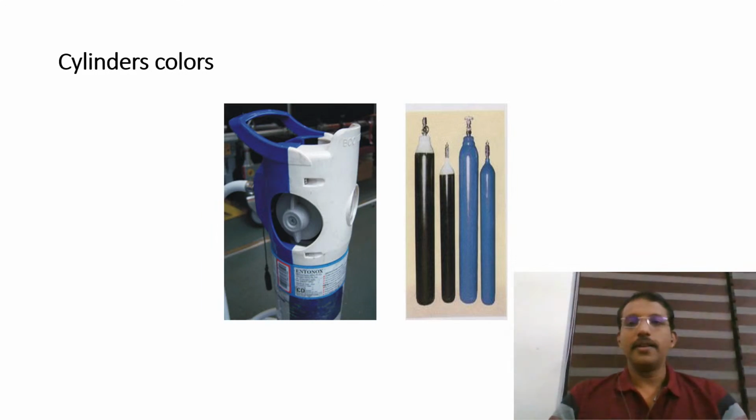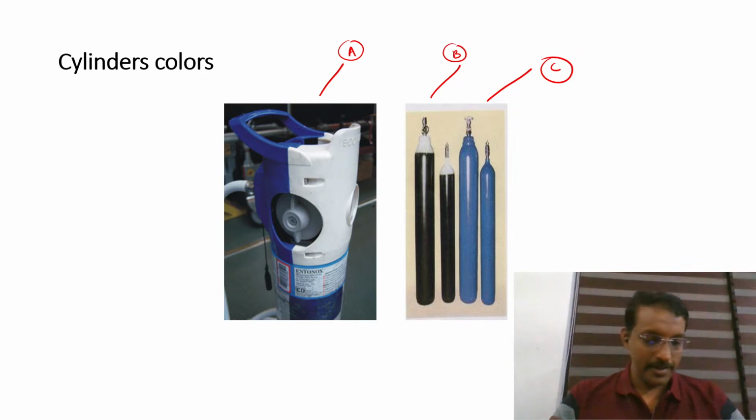Very good. So I know all of you know these three cylinders, which are a very common question for our exam. If I ask you A, B, and C, can somebody give me an answer? Very good, Nadia. It is actually a black body with a white shoulder. Very good. Can somebody tell me what this cylinder is now?